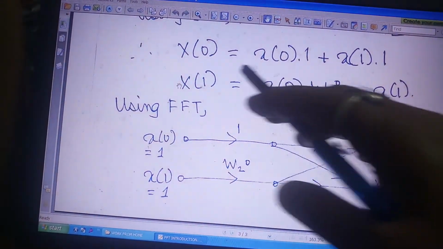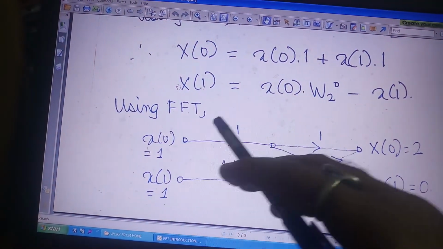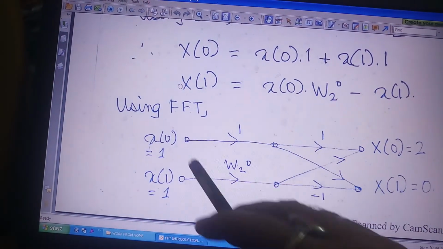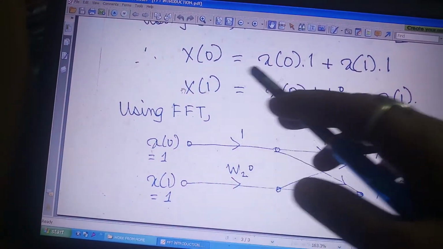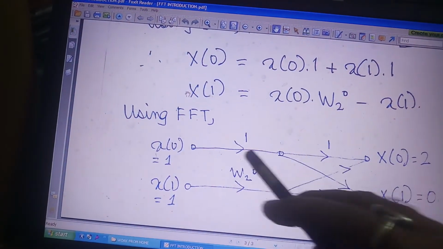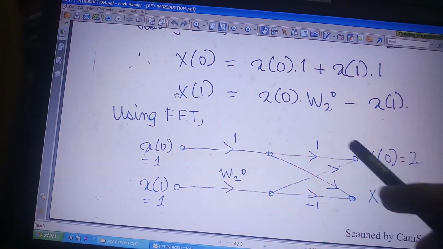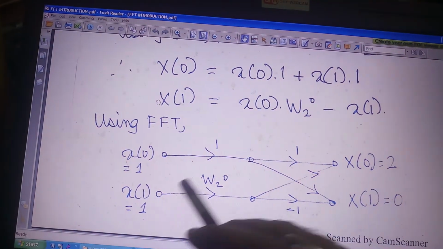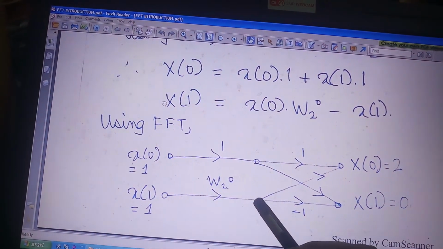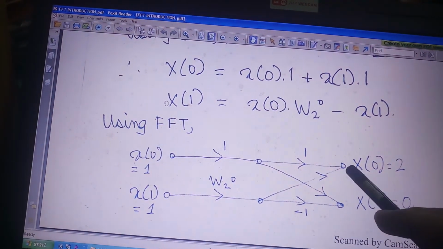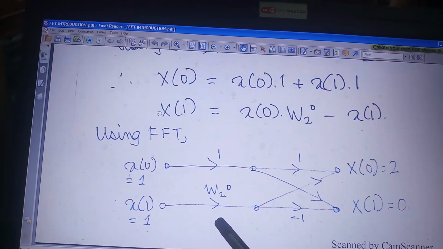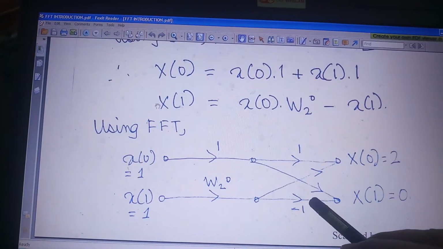These two equations can be represented graphically in this manner. Look, x0 is equal to x0, multiplied by 1, x0, here it is x1 into W20, that is x1 W20 over here, and it comes over here. This part is the multiplication part and this part is the addition part.